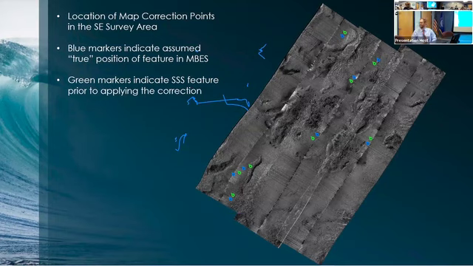I have one more question. Did you do everything in Chesapeake? I processed some of it, the side scan, in Chesapeake. The bathymetry was processed in Chimera, and the multi-beam backscatter was processed in FMGT.